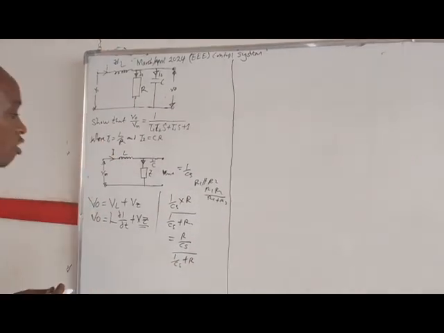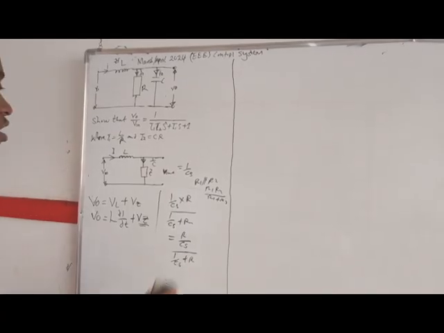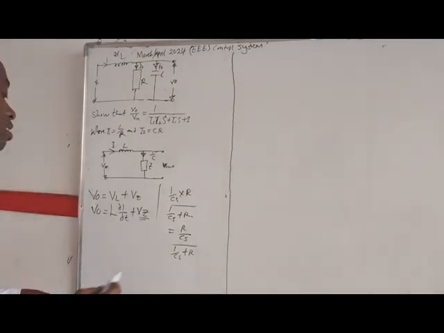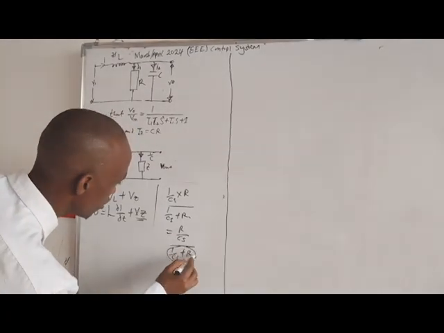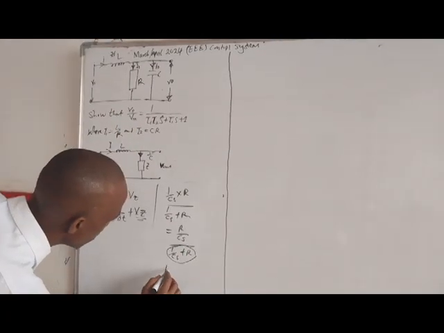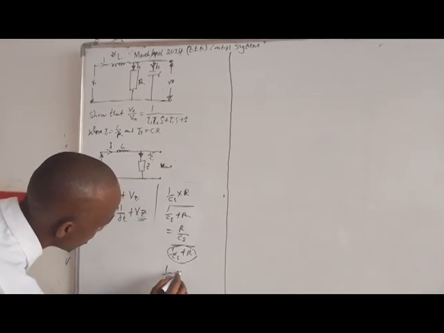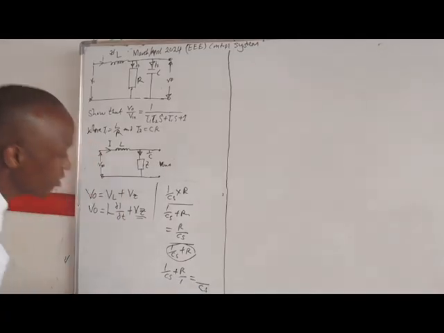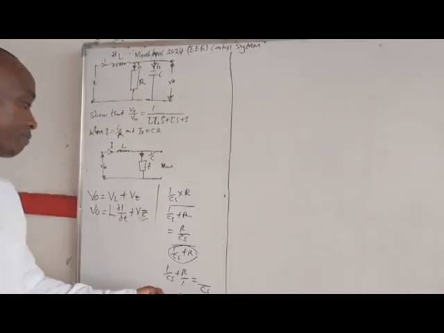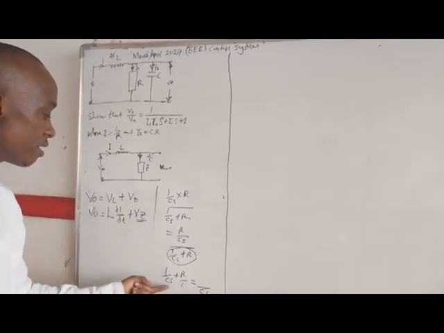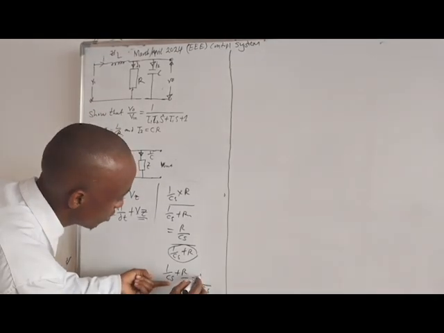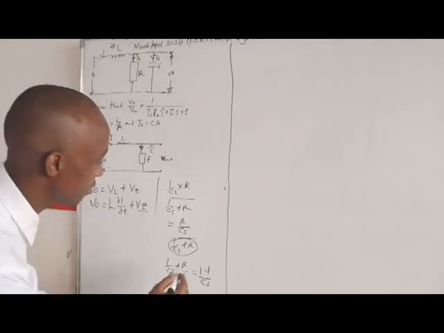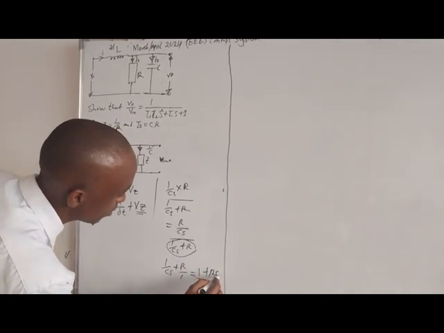Let's work on the denominator. Combine these two: 1 over Cs plus R divided by 1. Cs is our LCM. Cs divided by Cs is 1, times 1, plus Cs divided by 1 is Cs, times R, which is RCs.